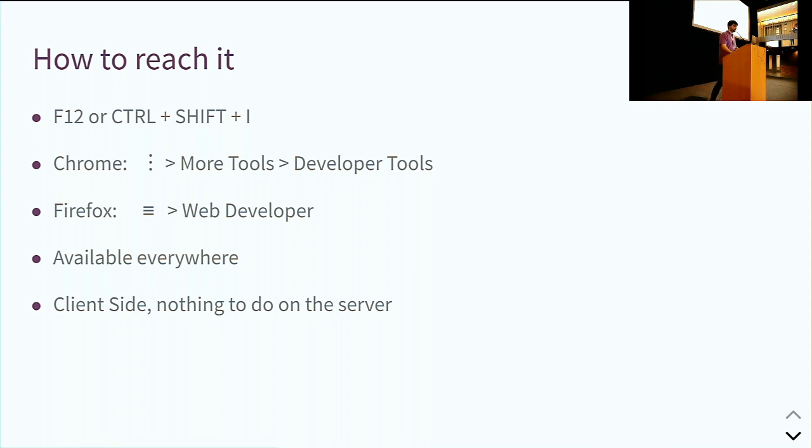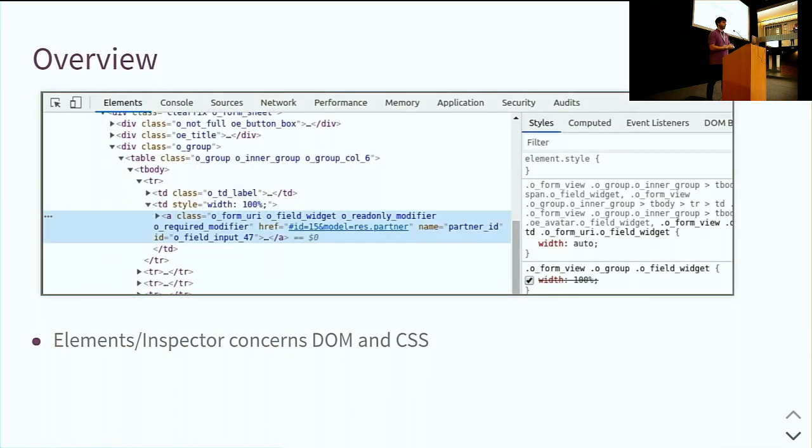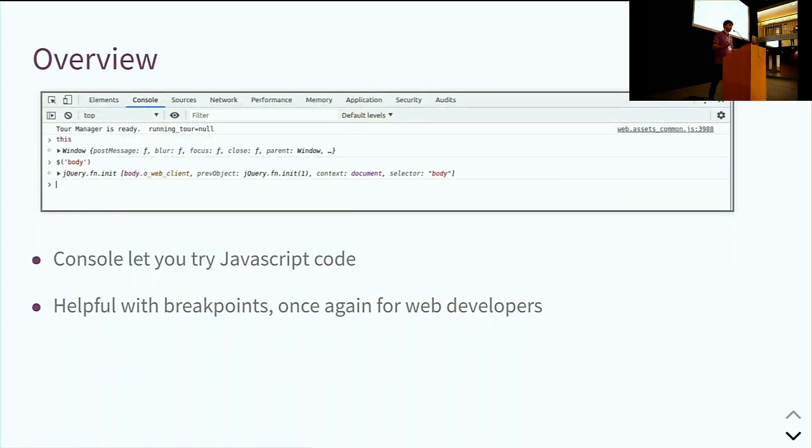It's really great. Okay, so we have many tabs. The first one is Elements. You see the DOM, the CSS. It could be interesting for us when we put some HTML in our view, but it's mostly for web developers. Then the Console: you can try JavaScript code, but as a backend developer, you don't like JavaScript, maybe you don't know JavaScript, so you don't play a lot with it.